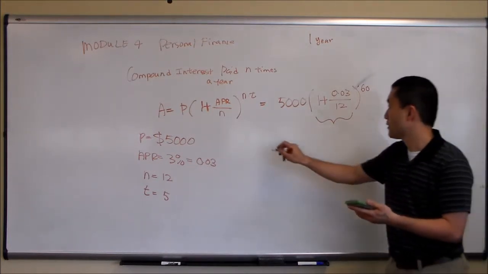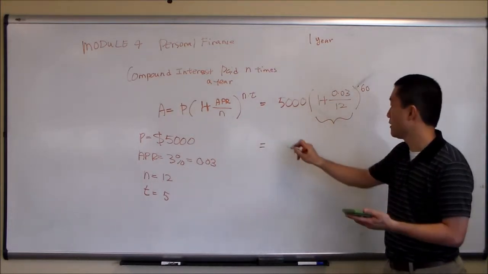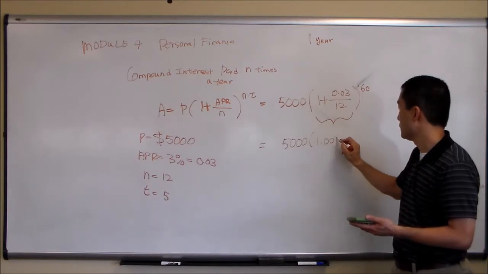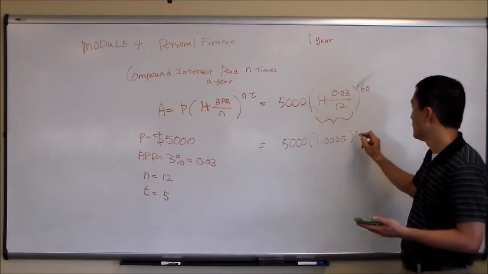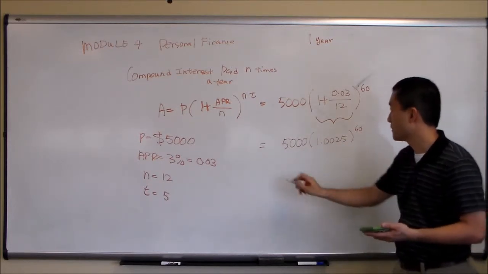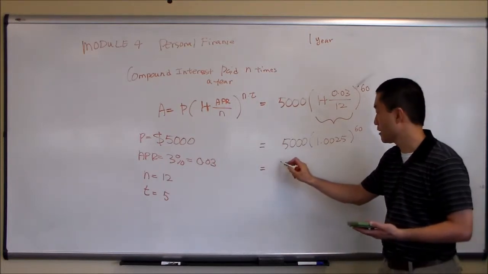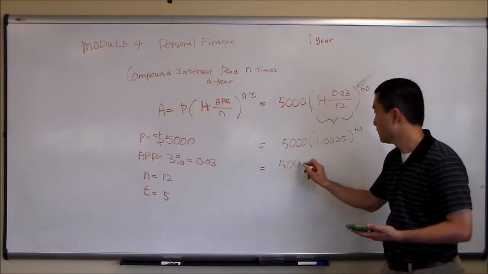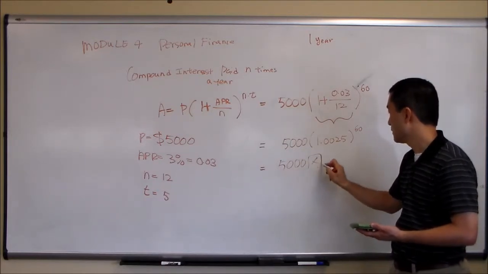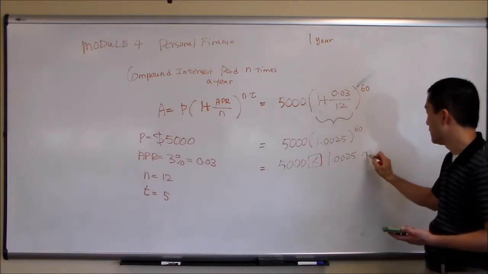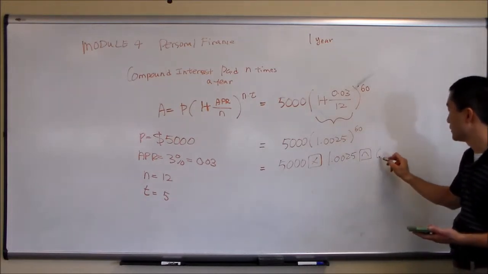That's 1.0025, so 5,000, 1.0025 raised to the 60. Okay, so one more time, just to make sure you understand how to do this in your calculator. 5,000 times 1.0025, raise it to 60.